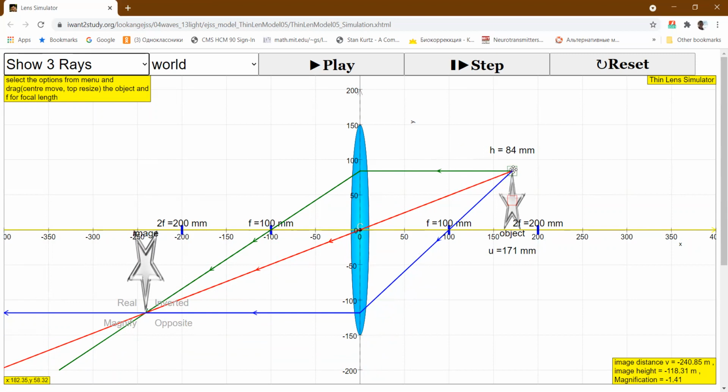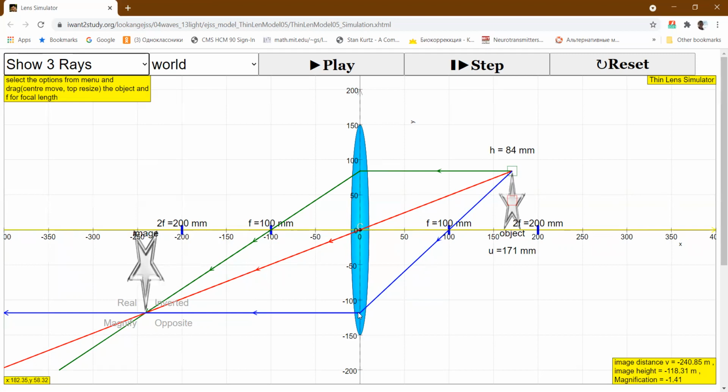If you wish, you can do a third ray. It's not necessary because it's going to intersect at the very same point with the 2 others. But the third ray goes through the focal point. Imagine that you have a source which sits right at the focal point. Then the light goes from it in all directions. If you put the source at the focal point, the light which goes from the lens is going to be parallel.